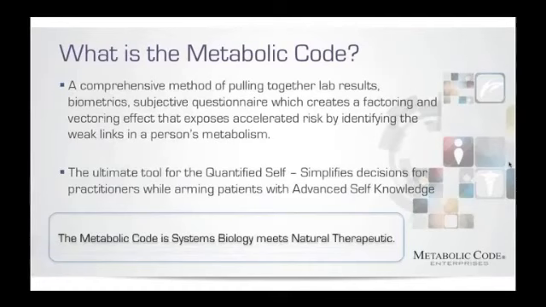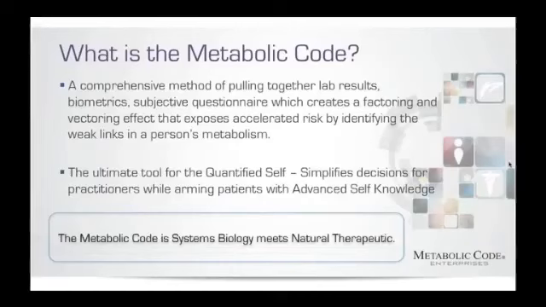So Jim's going to talk about how their assessment tool actually pulls together lab results, biometrics, a subjective questionnaire with self-reported survey answers, and their extensive rule set, thousands of rules that look into not just typical lab values, but ranges that are combined with a lot of science and well documented studies to show how you factor and vector, creating a factoring and vectoring effect that exposes the accelerated risk and identifies all the weak links in a person's metabolism.